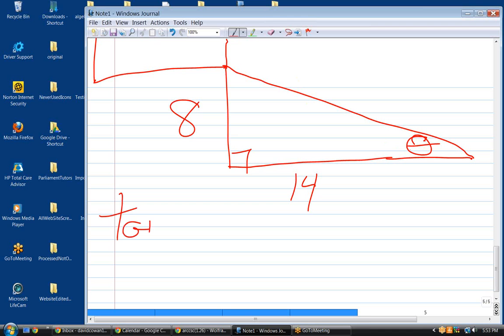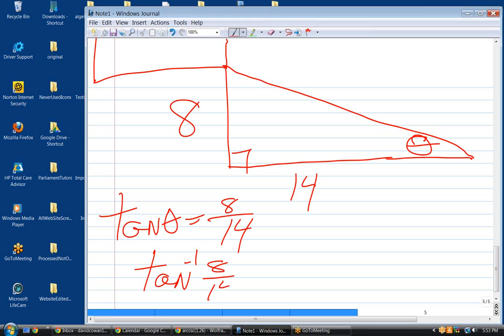I know the tangent of theta is 8 over 14, which means if I take the inverse tangent of both sides, I can figure out theta by taking the inverse tangent of 8 over 14. That's going to equal theta.